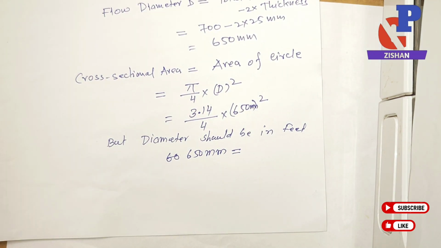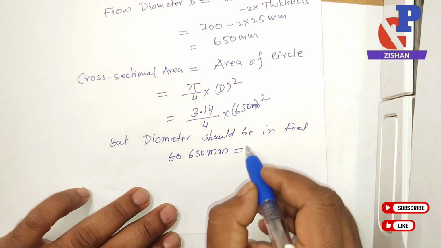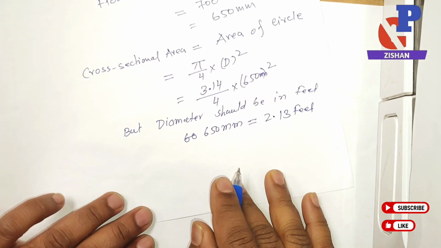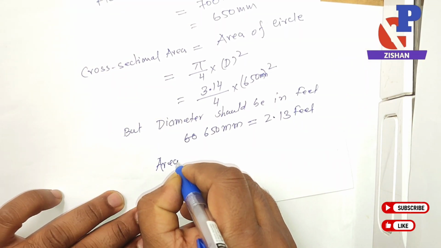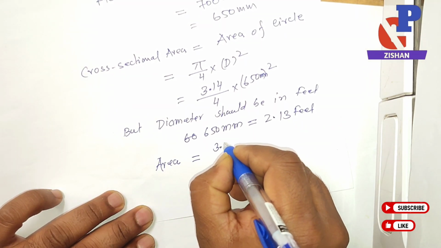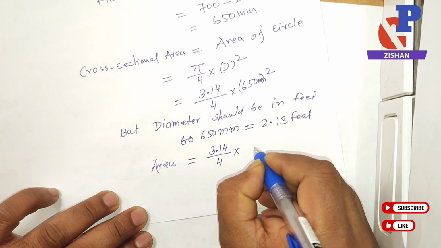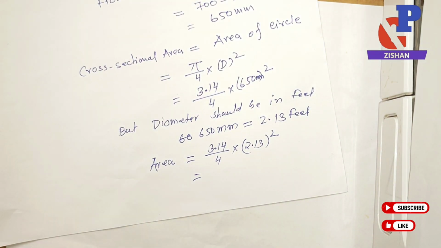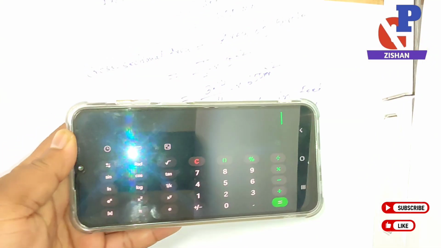For the CFM we have to convert all the dimensions to feet. 650 mm equals 2.13 feet. After that we keep the pi value 3.14 divided by 4 times 2.13 whole square.